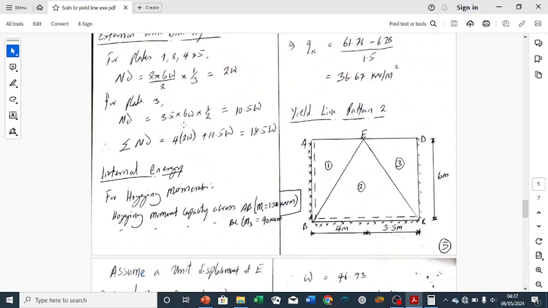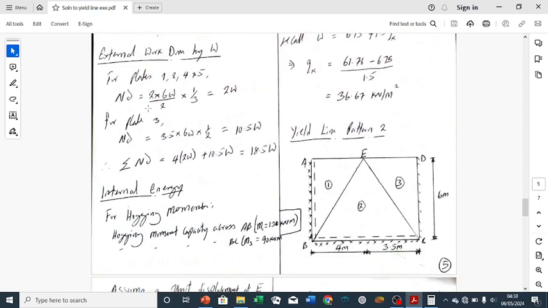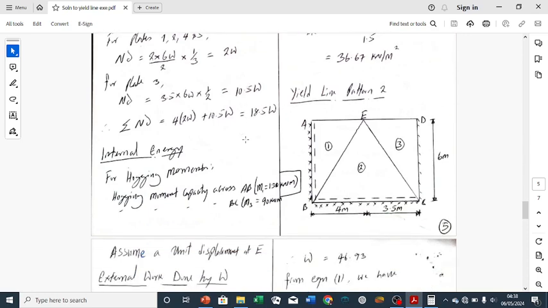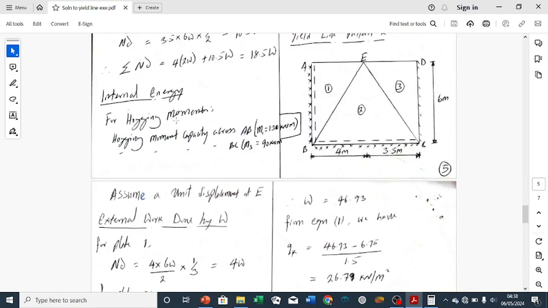Now to have our summation N delta, this plate 1 that we calculated was 2W, but because there are 4 of them, we have 4 times this plus this. So our summation N delta gives us 18.5W. You can notice that our summation N delta is given in terms of W, the design load, because that is what we intend to calculate.